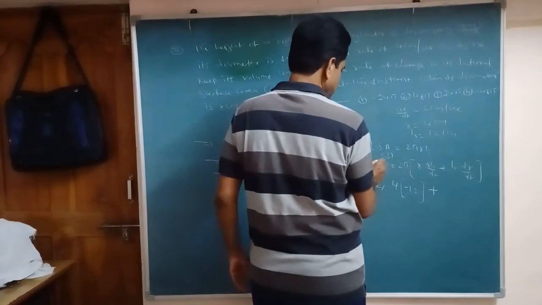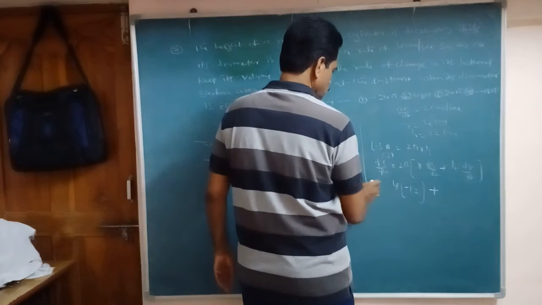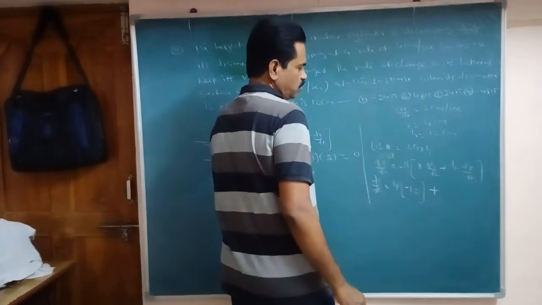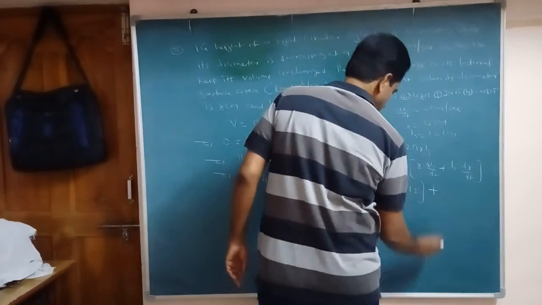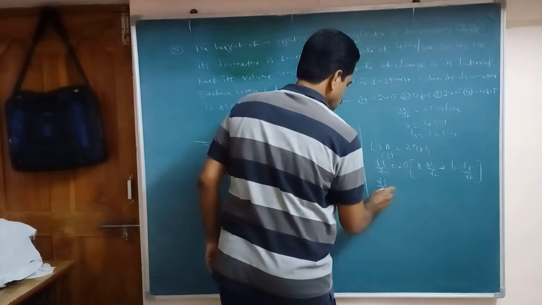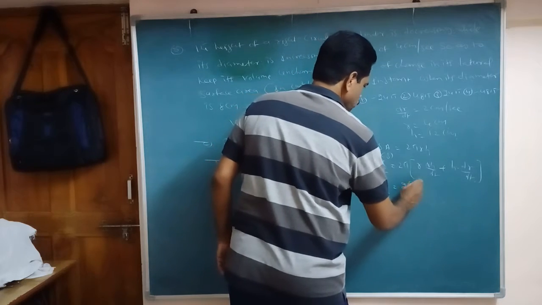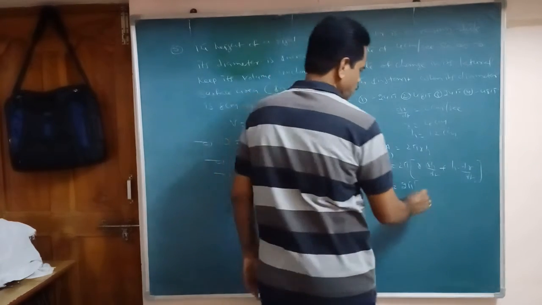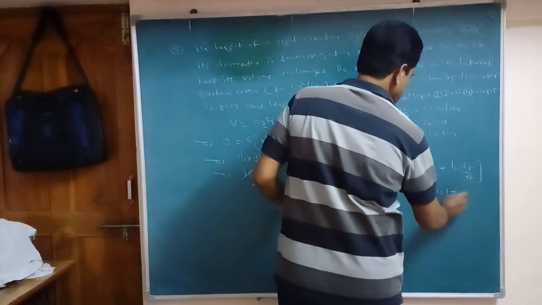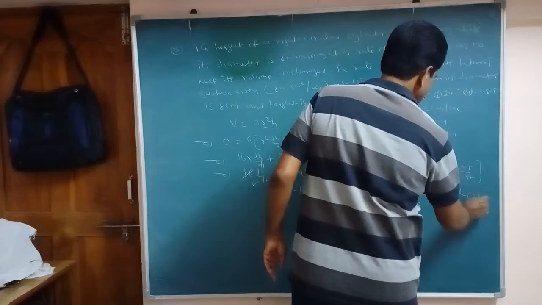So ds by dt equal to minus 4 into minus 12, into 2 pi is there. So ds by dt equal to 2 pi into r. What is r here? 4. dh by dt is how much here? Minus 12. h is plus 12. dr by dt is 2.